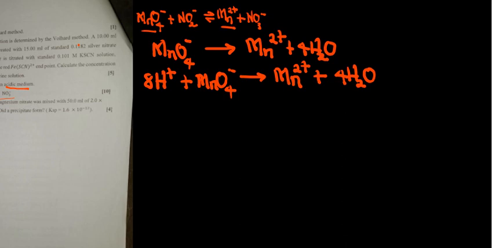Now I've got 4 atoms of oxygen on each side, 1 atom of manganese on each side, and 8 atoms of hydrogen on each side. So I've balanced the number of atoms in this half reaction.